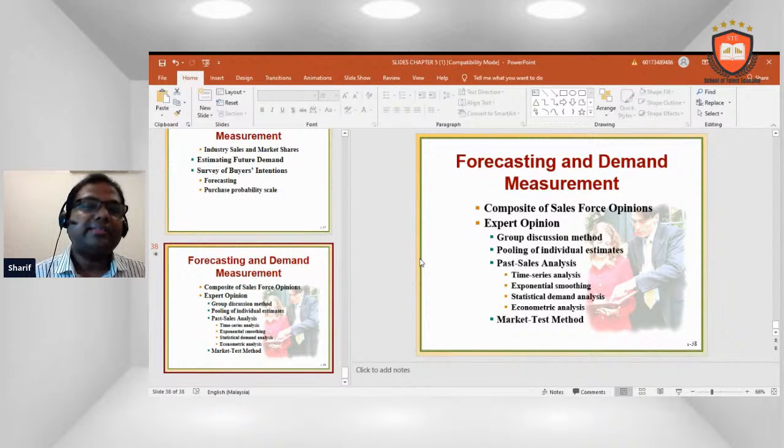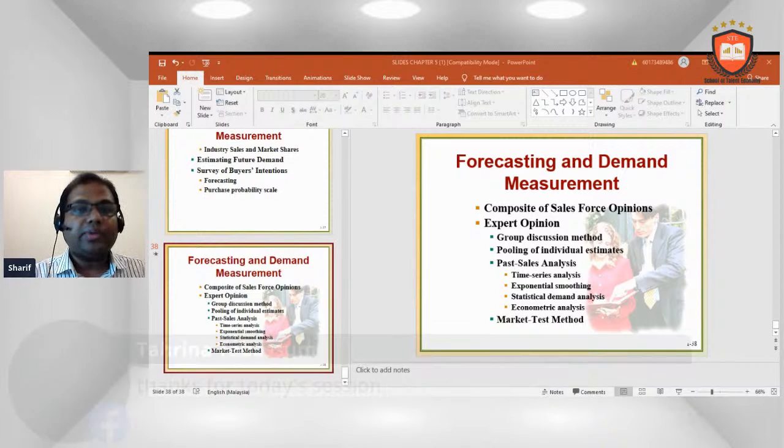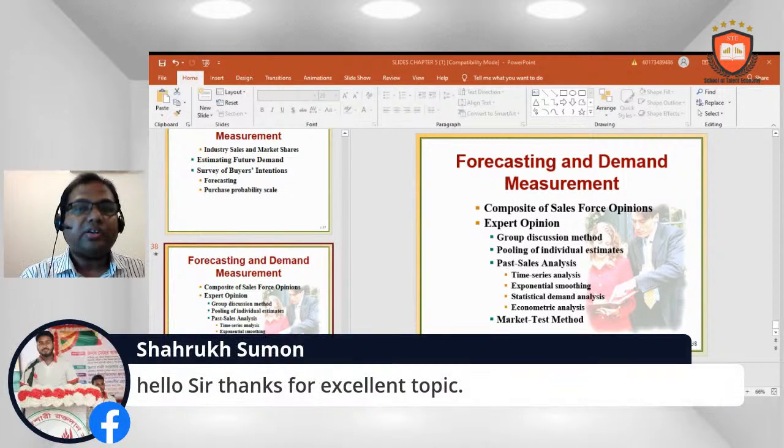These are the analyses. How many days it takes, what the exponentials, what the statistical demands we have, and what economic analysis we have. These are the ways we can analyze these things, and we can understand different kinds of factors.